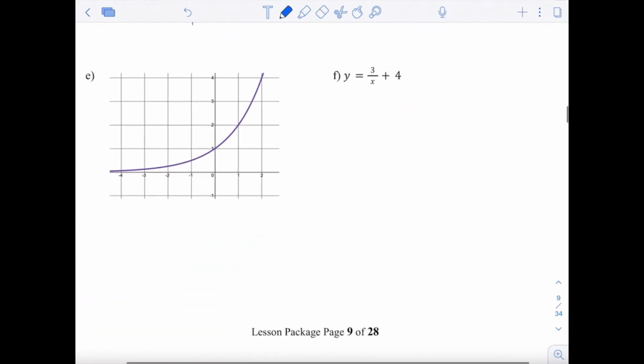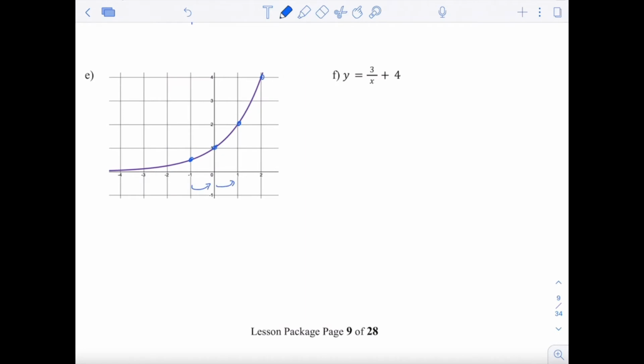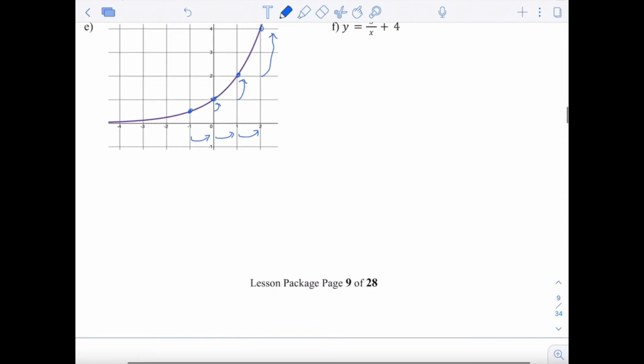So let's have a look at this one, and I'm going to pick these points. So I can see that when I go up by 1 in X, I can already tell from the picture, from the graph, that it's nonlinear, but we should really put a table to this.